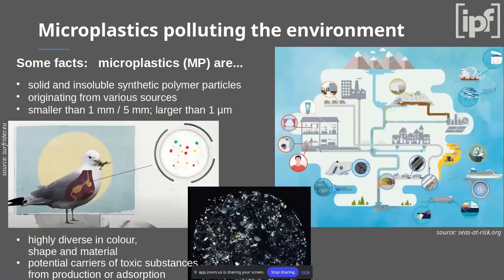So now to give some guidance and definitions, so we are all on the same page. When we speak about microplastics, we mean synthetic polymeric particles. They enter the environment for various reasons, mostly because of our trash being discarded improperly or being lost and then being fragmented. And we speak about the size range of below 1 millimeter.